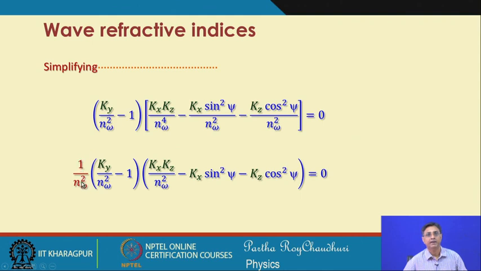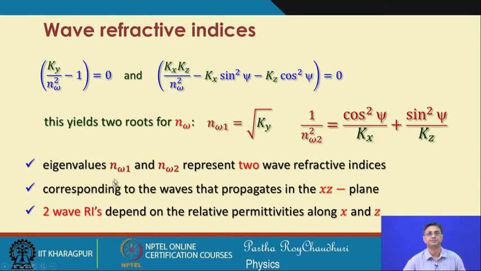So, k y by n omega square minus 1, this quantity could be 0 or this quantity could be as well 0. So, we have two different possibilities. The possibility that this quantity will be equal to 0 will give you a solution for n omega, that is k y by n omega square minus 1 is equal to 0.